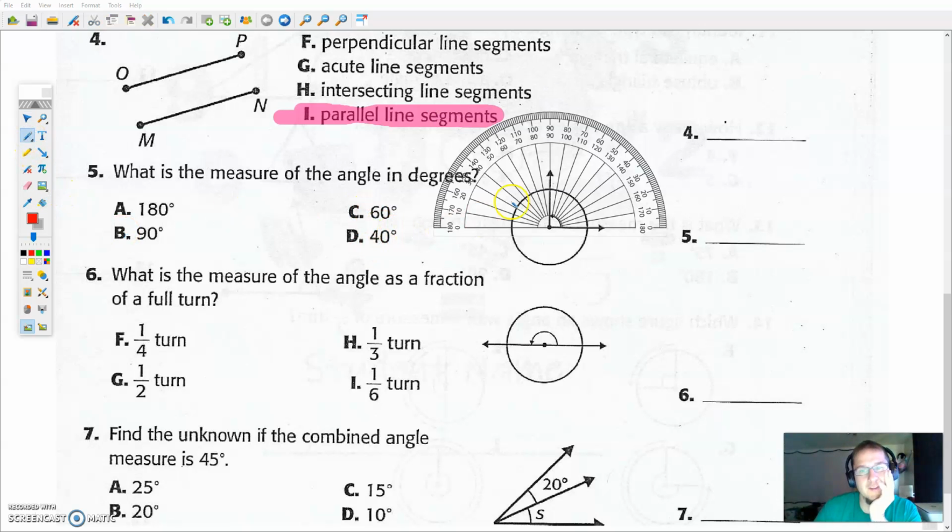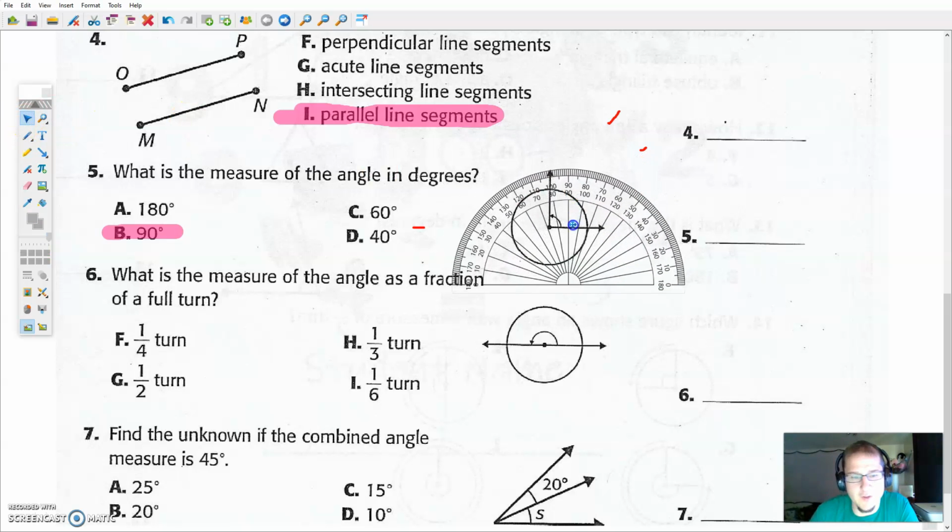But if we measure from the 0, 40's right there, 60's right there, 180 is clear over here. So even if we're not exactly lined up, especially for the choices that it gave us, we should be able to tell that this is supposed to be a 90-degree angle.